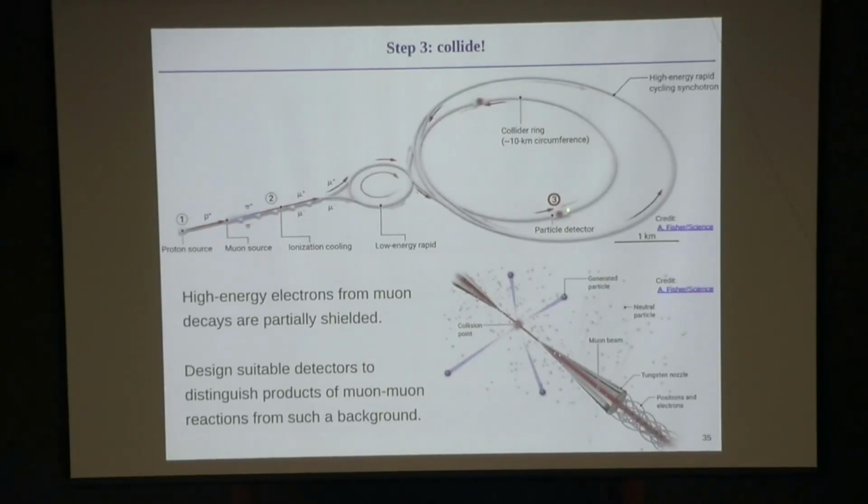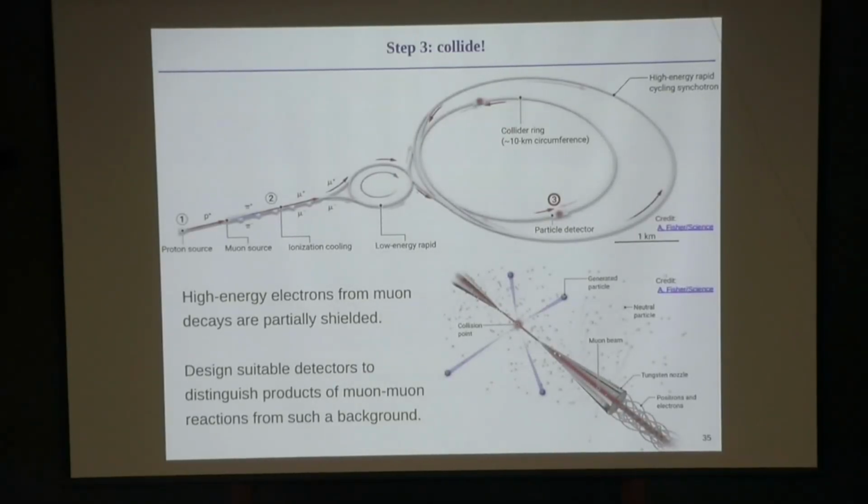So we are almost done with one other important caveat, which is again connected with the fact that the muons are decaying. As we bring them to collisions, parts of the muons will decay, and we will have this high energy electron that comes as a cloud together with the muon beam. So we need dedicated shielding, usually expected to be tungsten-based, to contain part of this high energy electron.